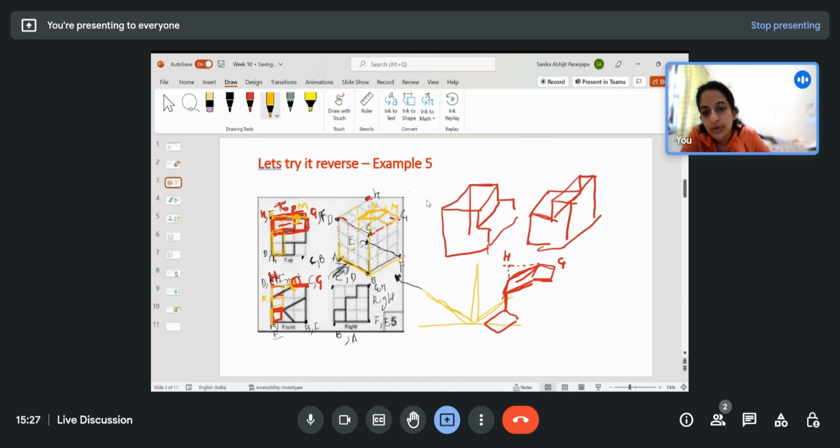So this is my point here, and this point N is already here. So from point N to come to this point, I will go one square side down. So here I come, and when I join these two, I'll have the block over here.